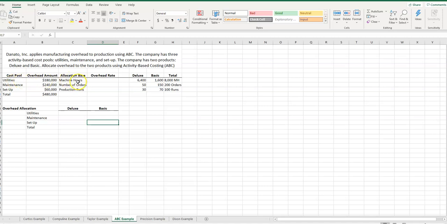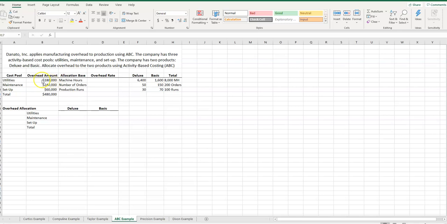Utilities is based on machine hours, maintenance by number of orders, and setup by number of production runs. As we calculate the overhead rate for each of these activities, we use the same formula: the total estimated overhead costs divided by the allocation base.